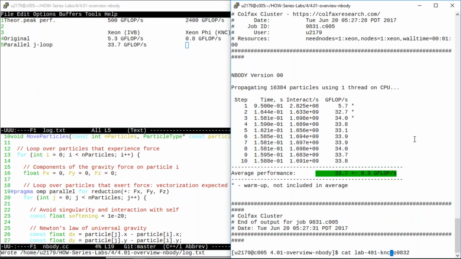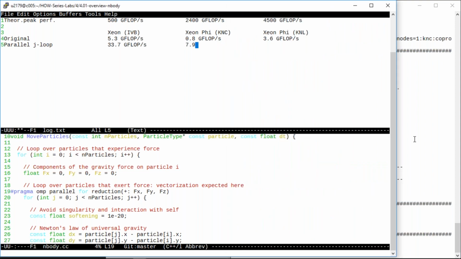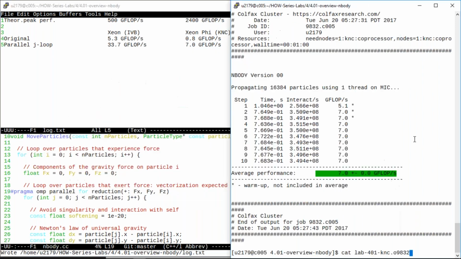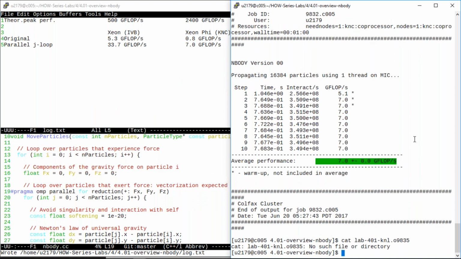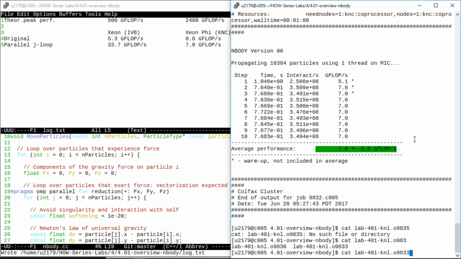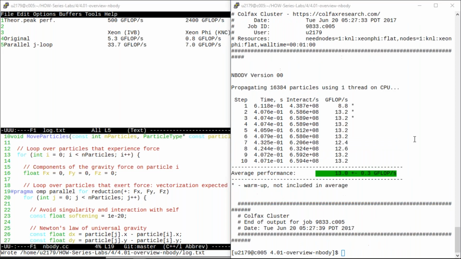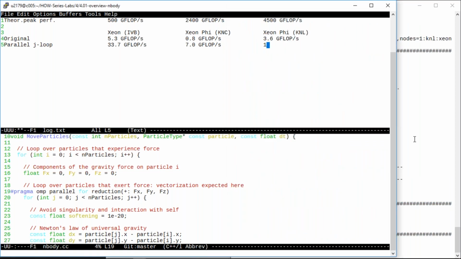On Knight's Corner, we are getting 7.0. Again, much better than before, but still not great. And Xeon Phi gives us 13.